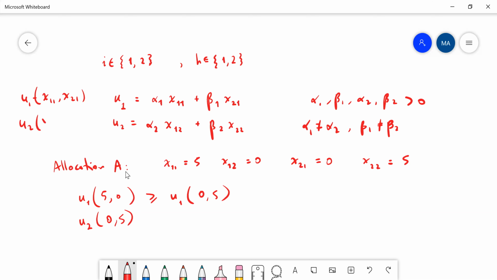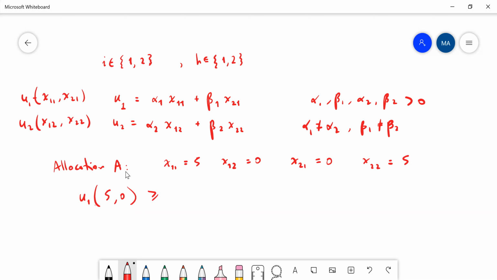U2 is a function of x12, x22. So let me do this again. I have U1, x11 is 5, x21 is 0.